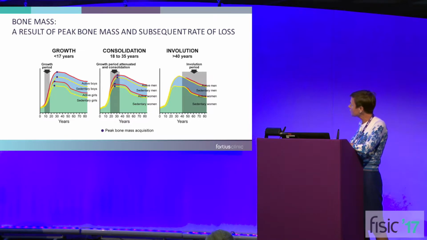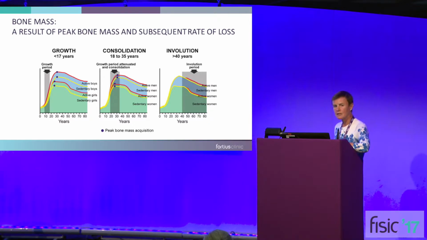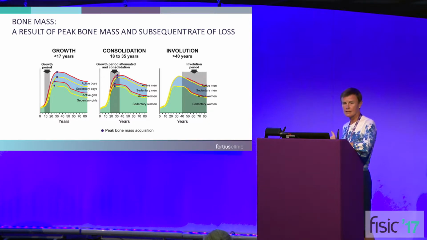So we're very interested when we're talking to athletes about their bone resilience as to has there been anything that might have influenced in a negative way achieving a high peak bone mass.